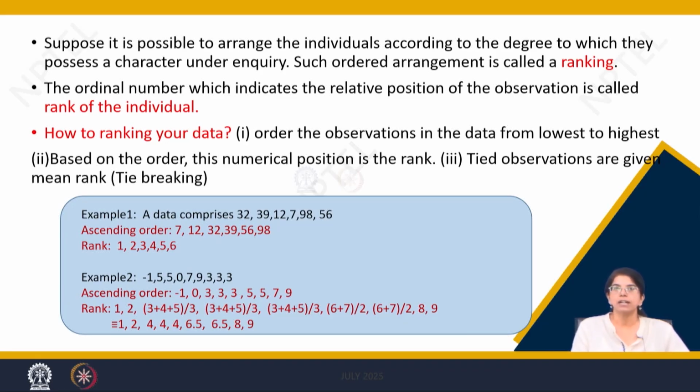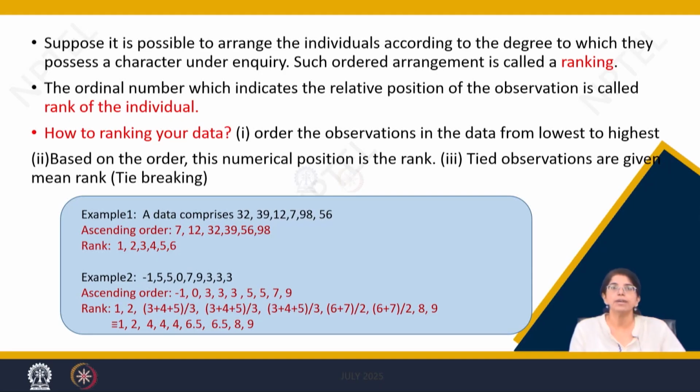Tied observations are also there. There might be repetition of observations, and we say these are tied observations. You have to break the tie to get the rank, by a kind of averaging of the ranks, and this process is called tie breaking. We will see shortly what tie breaking means.